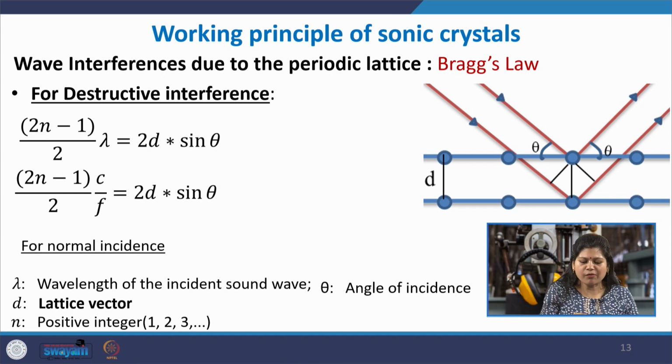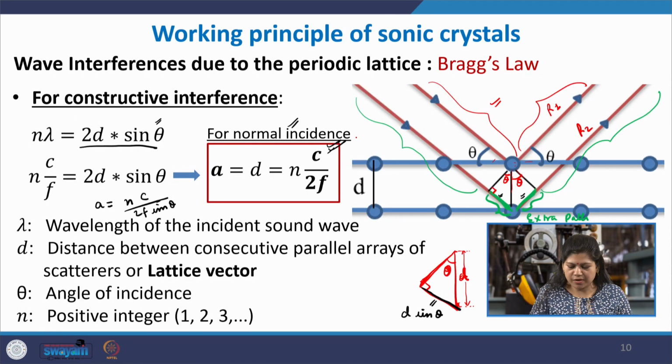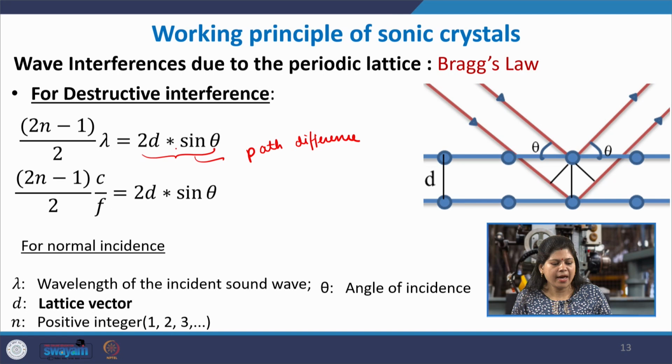Okay. So, let us now mathematically express this, the extra path that the wave has to cover, and again we have already defined that this is the path difference between the two. It was already derived for the case of constructive interference here that 2d sin theta is the path difference. So, this path difference has to be some odd multiple of lambda by 2. Okay. So, again it is (2n minus 1) lambda by 2, where n is any positive integer 1, 2, 3 and so on.